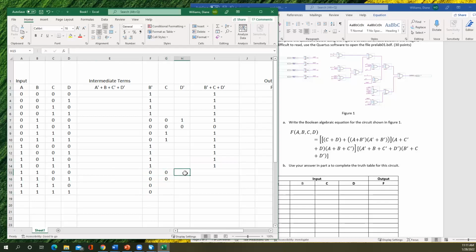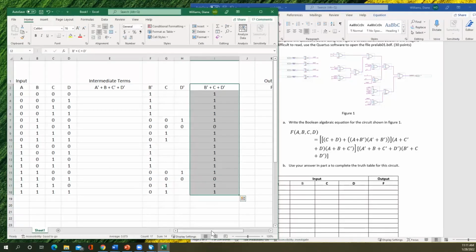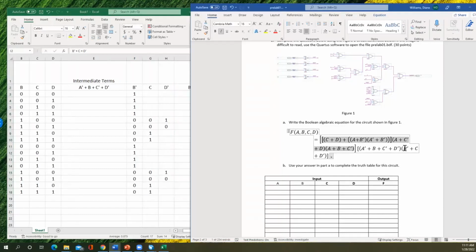D naught, because D is a 0 here, is going to be a 1 here, and because D is a 1 here, we get a 0 here. And then same thing here, where C is a 1. In both of these cases, we know that this output has to be a 1, which gives us the value of at least this expression right here.